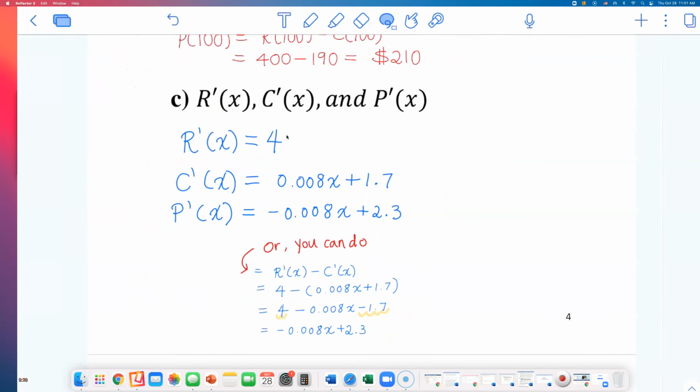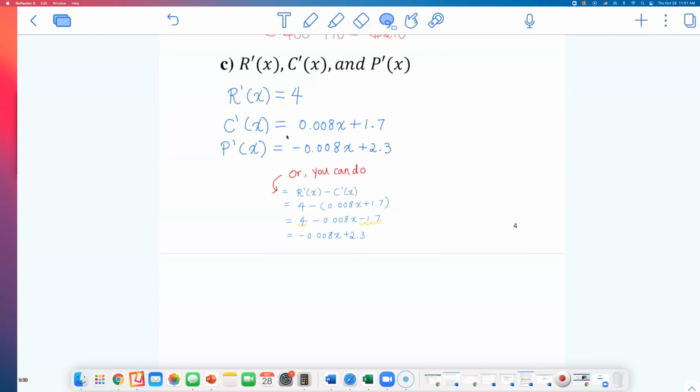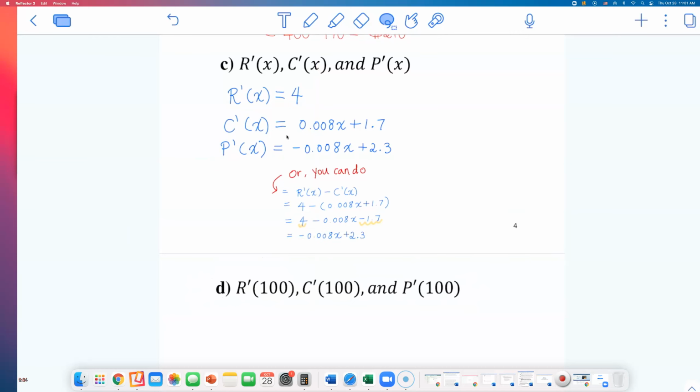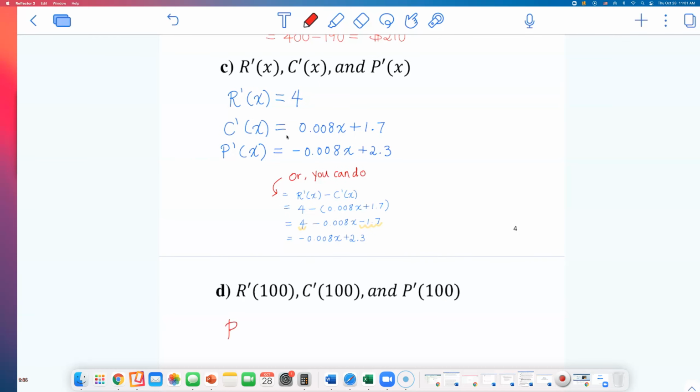We just have to plug them in to these derivative functions that we found in part C. So let's do those. First of all, r prime of 100 is equal to, look, the r prime function was a constant function, just 4. So we can say $4 per unit.